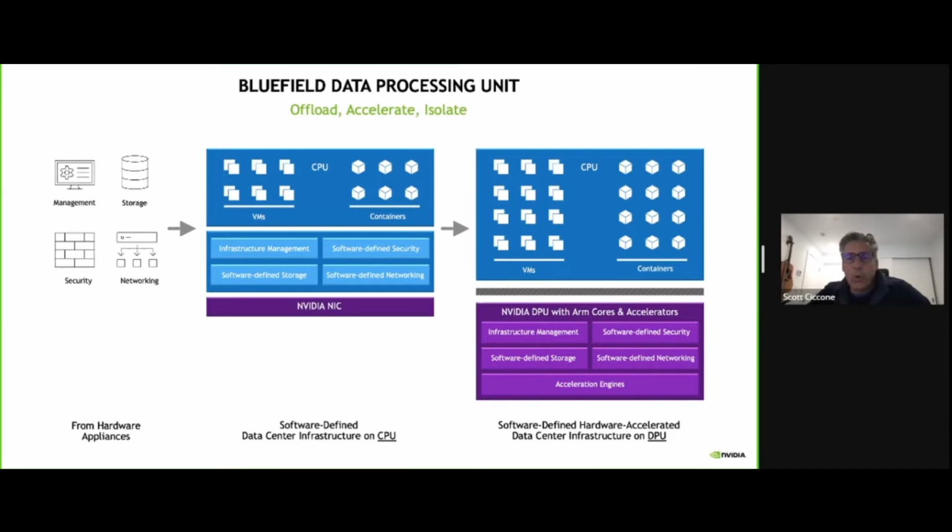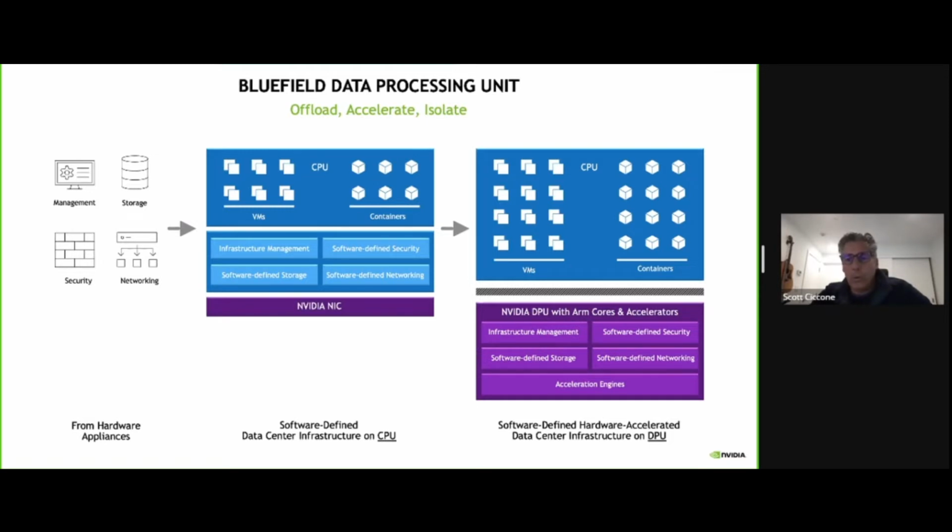So again, the role of the Bluefield DPU is to offload, accelerate, and isolate, and more specifically, offload and isolate the infrastructure services from the host CPU and accelerate them in hardware by leveraging the purpose-built hardware accelerators within the DPU. And this effectively creates, from a security perspective, a new security perimeter in every host. And this actually has some pretty incredible benefits that I will dig into a bit more during our session.